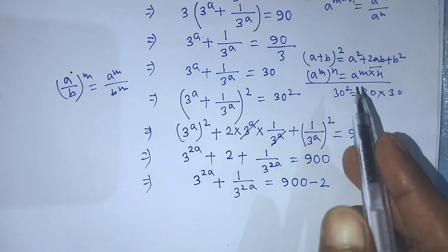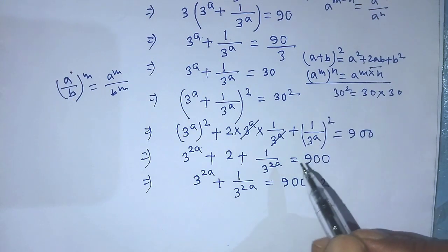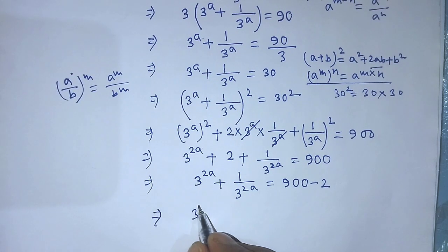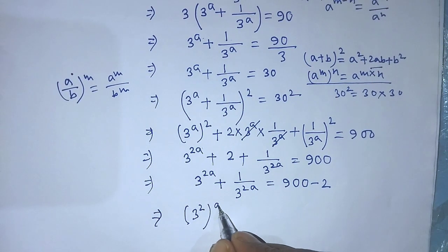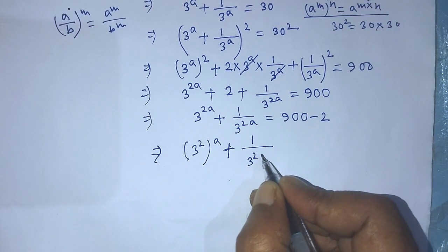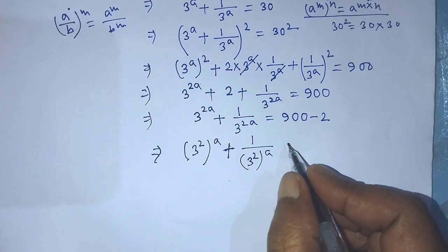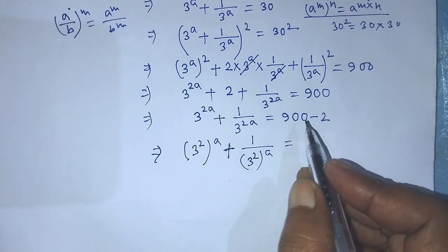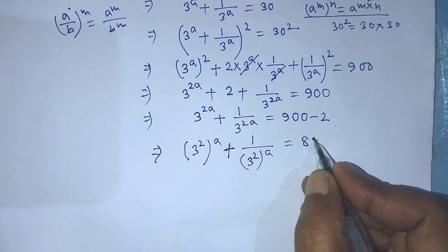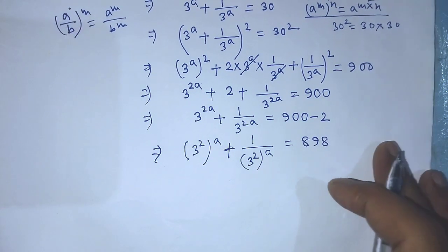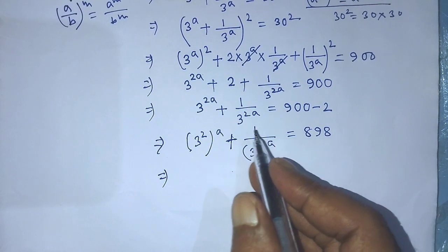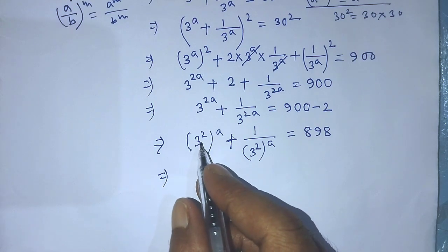So student, according to this formula we can write from the left hand side (3 to the power 2) whole to the power a, plus in the second term we can write (3 to the power 2) whole to the power a is equal to, if you subtract 2 from 900, then you get 898.